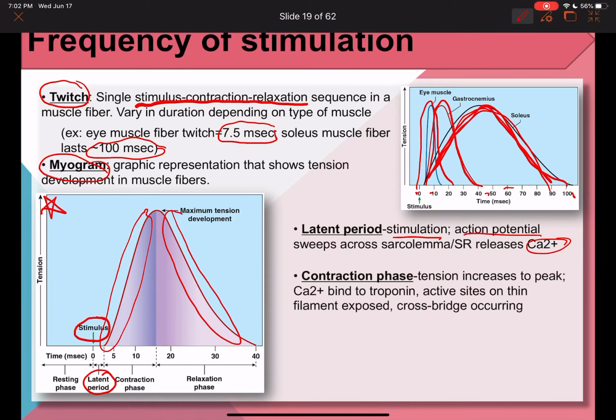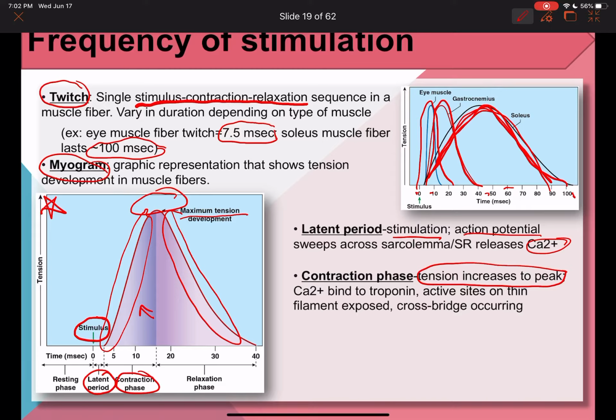And then the contraction cycle right here is the contraction phase where your myosin are pulling the actin in one by one, section by section, until the tension of the muscle fiber increases to a peak, okay? And that is where your maximum tension is happening. Calcium ions are now bound to troponin.